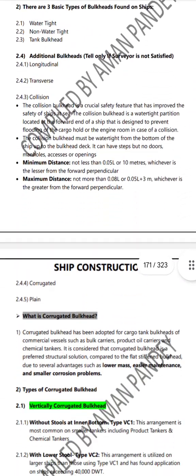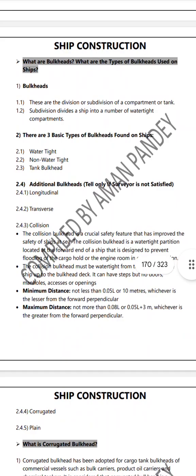Now, what is a bulkhead? Bulkheads can be watertight, non-watertight, collision, or transverse bulkheads. There are three basic types of bulkhead found on a ship: tank bulkhead, non-tank bulkhead, and collision bulkhead.